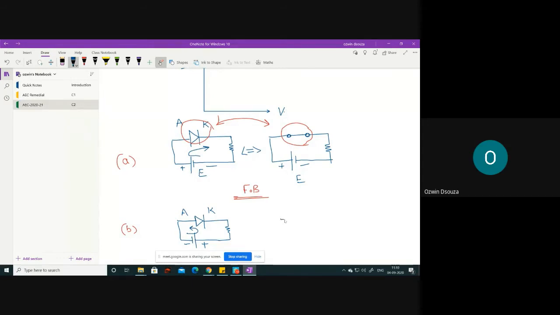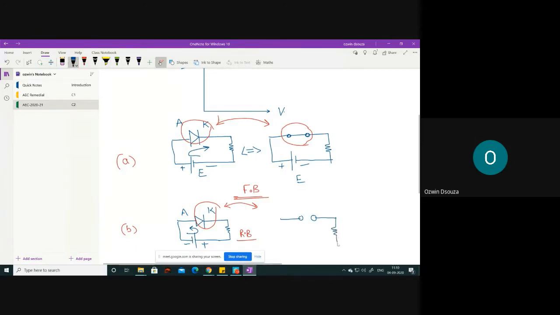So what equivalent circuit symbol can you bring in to show the open circuit situation? An open switch. So for reverse biasing mode, you can replace the diode symbol with an open switch.